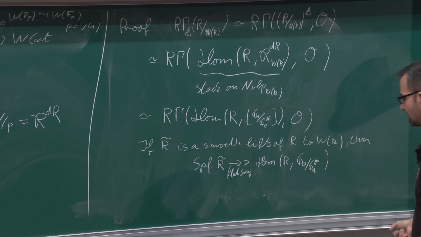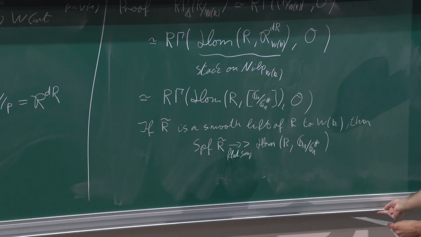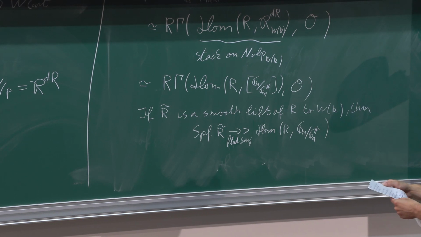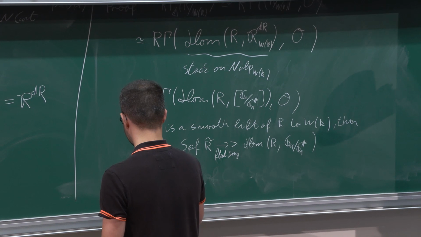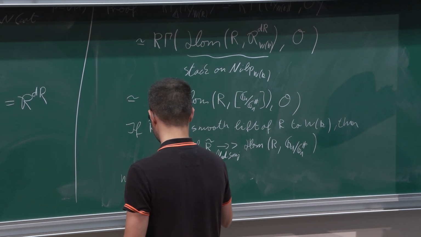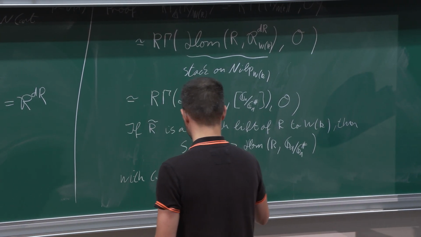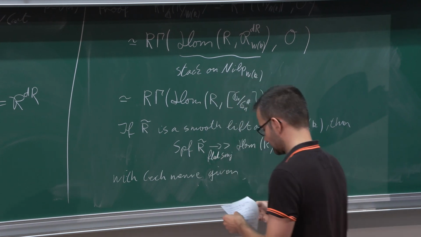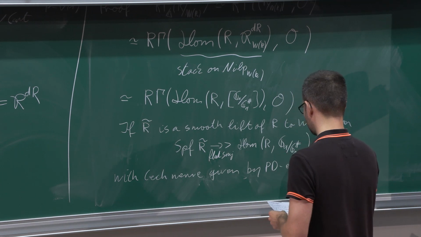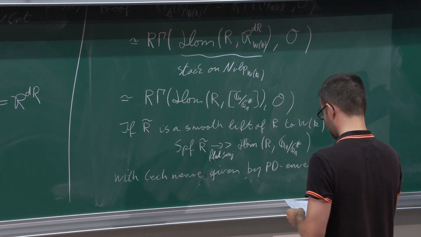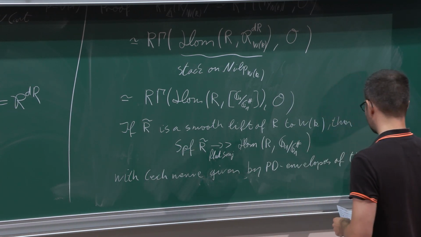So that's, I can say, an application of formal smoothness. And so the Čech nerve is given by PD envelopes of the diagonals.